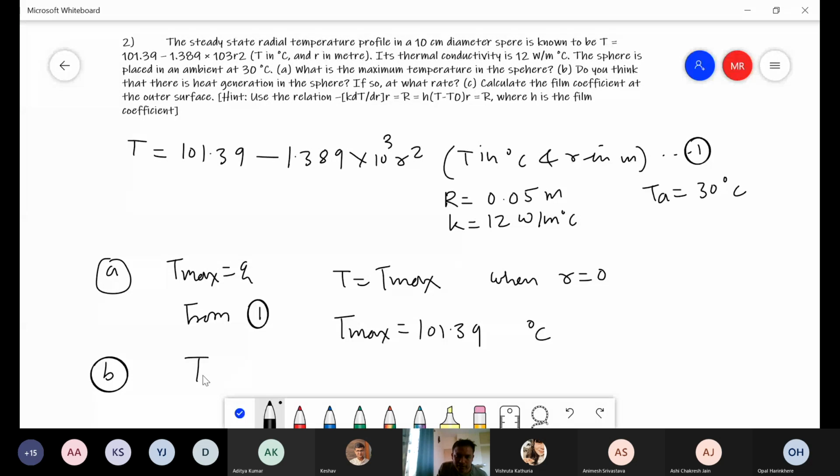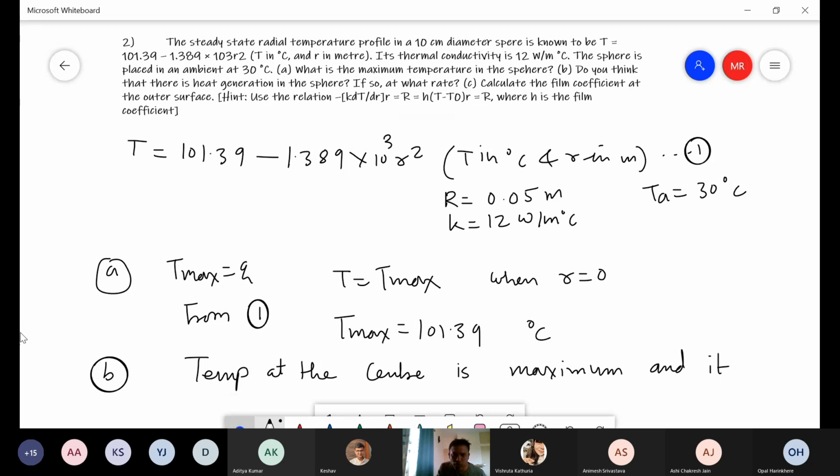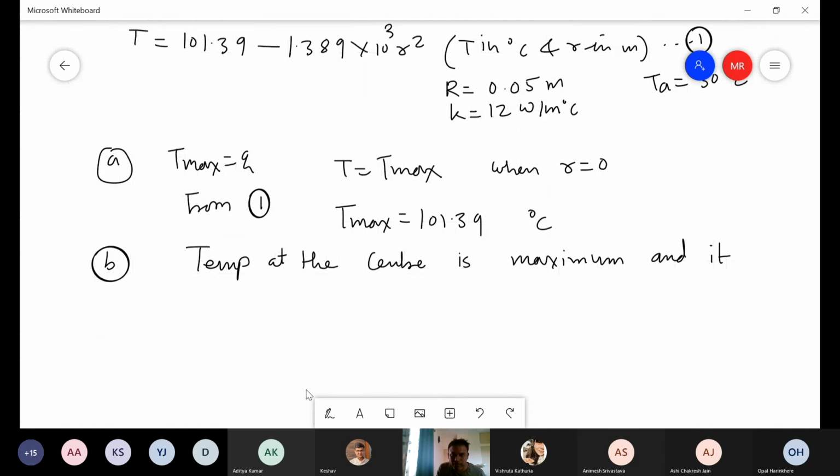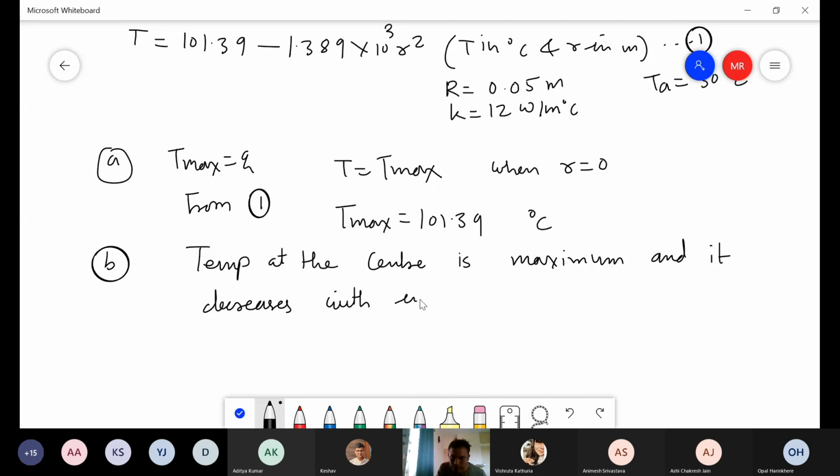So the temperature at the center is maximum and it decreases with increase in r.